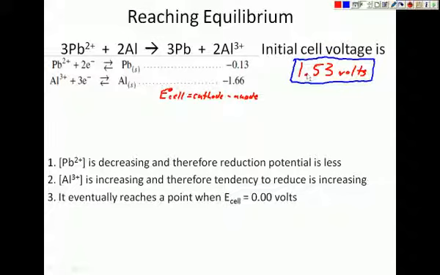Okay, so Pb, as it moves in this way, its oxidation number is decreasing, therefore it's reduction, therefore this is the cathode. So I'm just going to write here, this is the cathode. And in this example right here, the oxidation number is increasing, therefore it's oxidation, and therefore it's the anode.